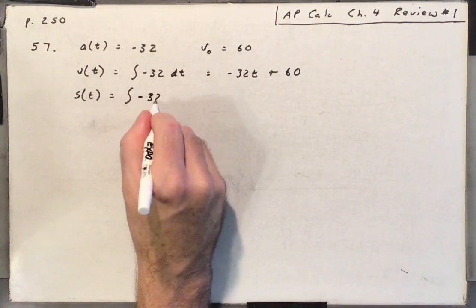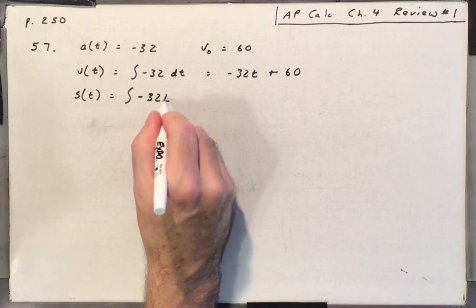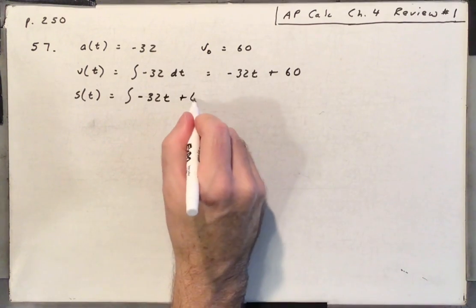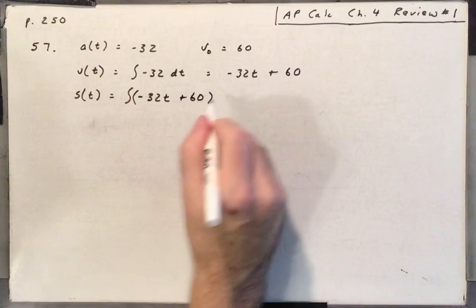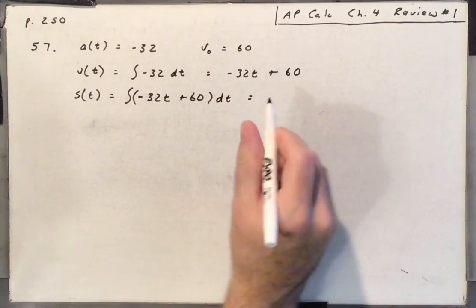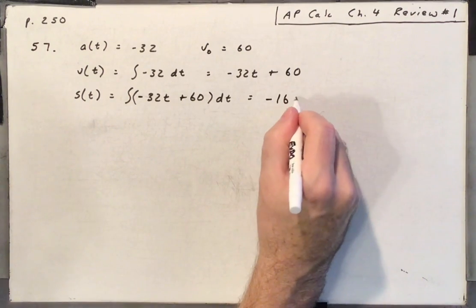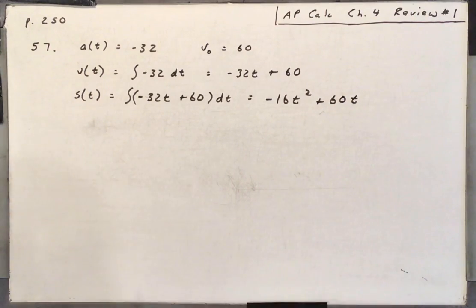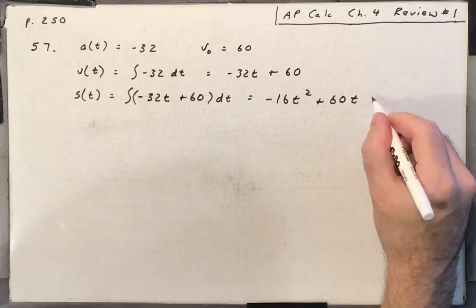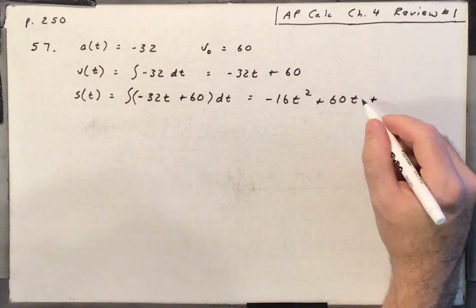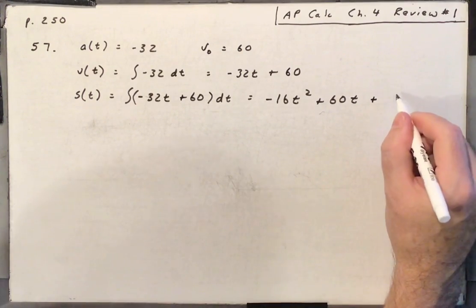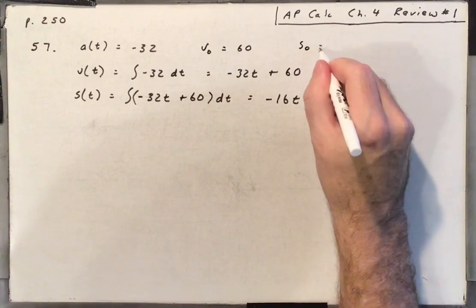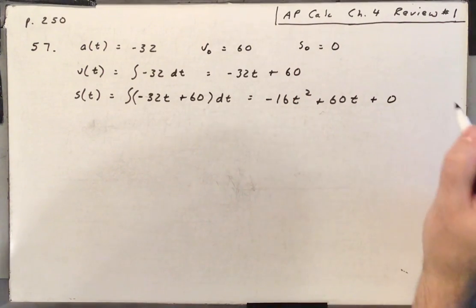So minus 32t plus 60 dt. So that's going to be minus 16t squared plus 60t, and then plus the initial position. Well, it's the ground. It's thrown from the ground, so the initial position, s naught, is 0.